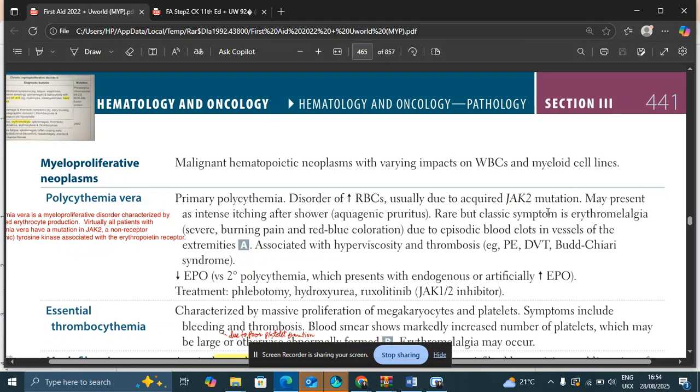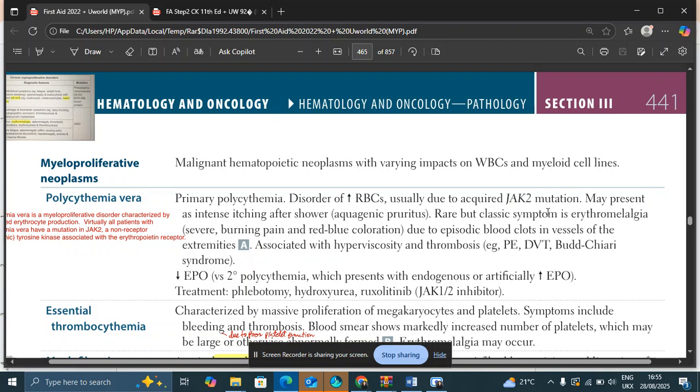So, polycythemia vera is a myeloproliferative neoplasm that results from clonal proliferation, or excessive proliferation, of pluripotent marrow stem cells, and it is caused by the mutation of JAK2. JAK2 is a gene that regulates marrow production.